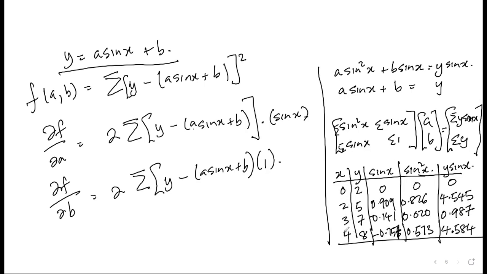So 729. So 22. I add up the last row, so I add up the second row and third row. 0.293. Question, sir: isn't the last two numbers supposed to be negative for the y sine x?